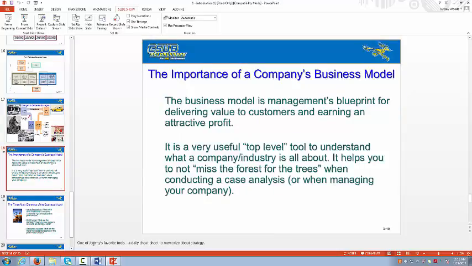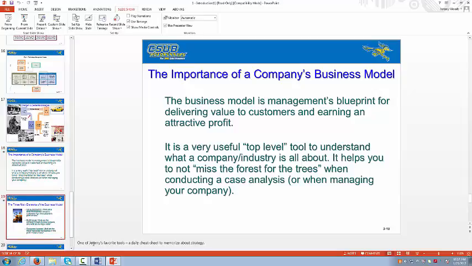Business model. This is a tool that I like to use. It's not necessarily covered in the book so much, but it is a big part of your case analysis paper. It's kind of a blueprint for delivering value, and I like to think of it as a top-level map that you can memorize that helps you tell the forest from the trees in what you're doing.